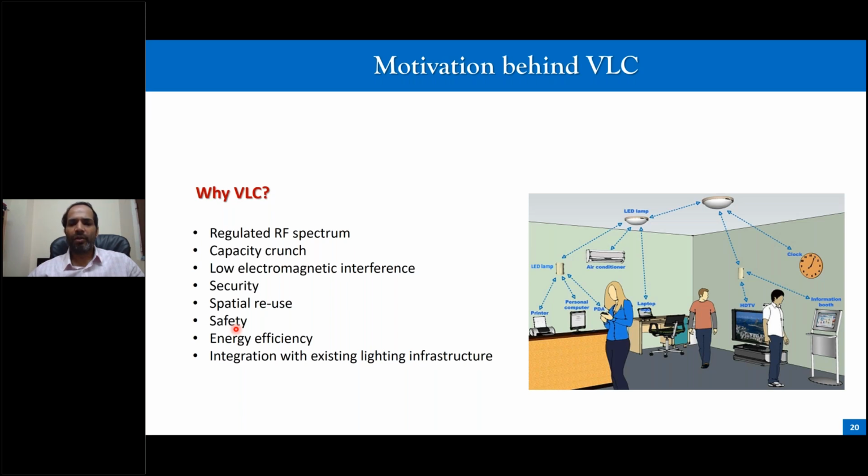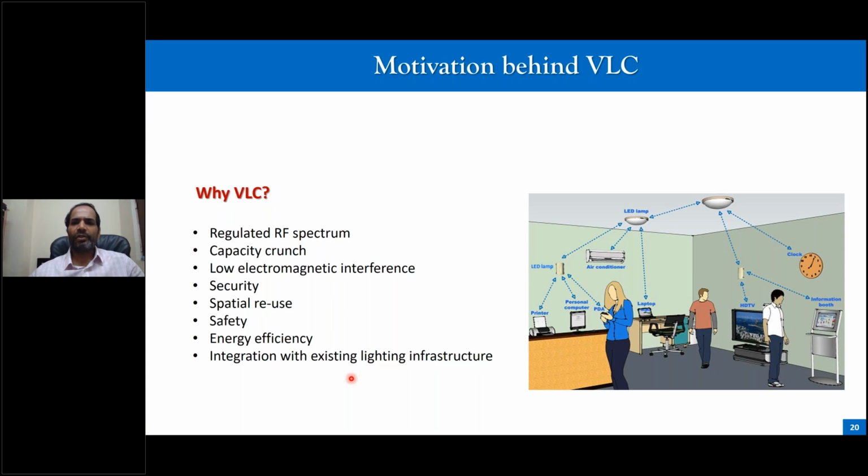Okay, so it's also health safe. It's energy efficient, as I've already talked about. It has a very good luminous efficacy. Together with that, it is anyway being used for illumination purposes. So it's energy efficient. And finally, the thing that we have talked about already, that it can be integrated with existing lighting infrastructure.